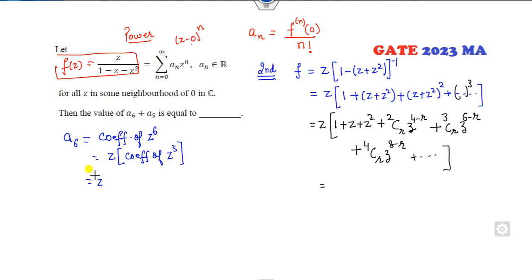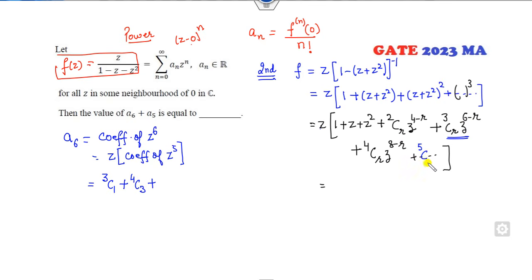Is there any term with z raised to power 5? No, because it's 4. Here, yes. For what value of r? That is r equal to 1, so this is 3C1. Is there any term which involves z raised to power 5 when r is equal to 3? Fine. Is there any other term?